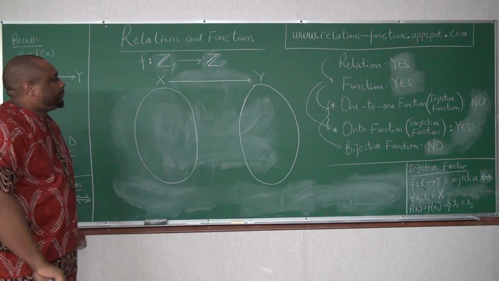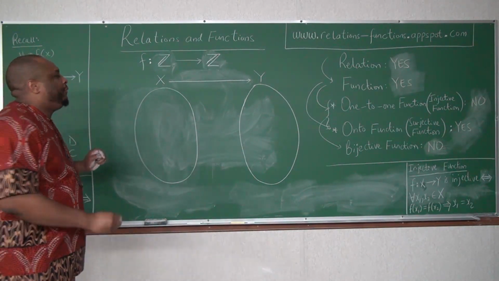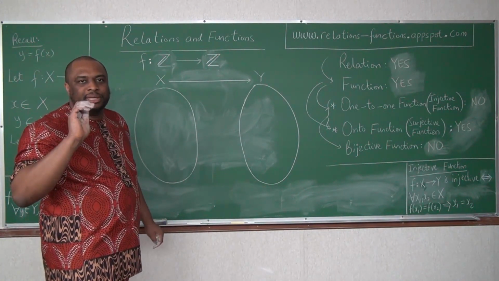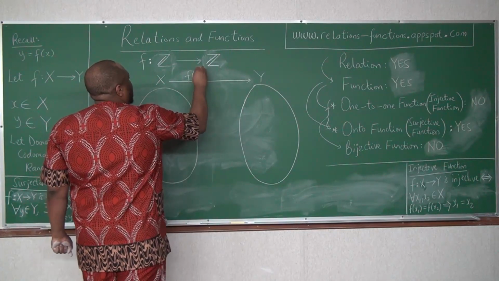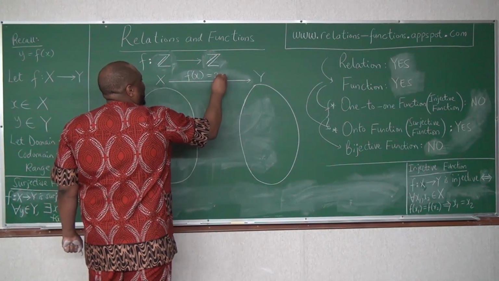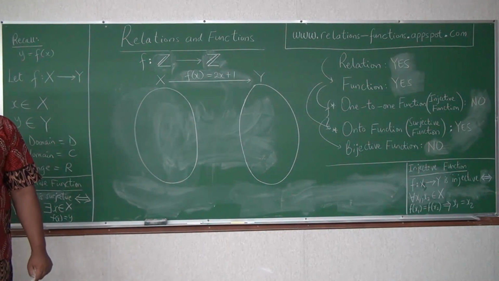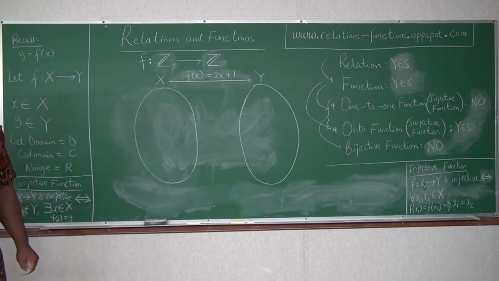If we have a linear function, so if we have f of x to be something like 2x plus 1, a linear function, f of x equal to 2x plus 1.